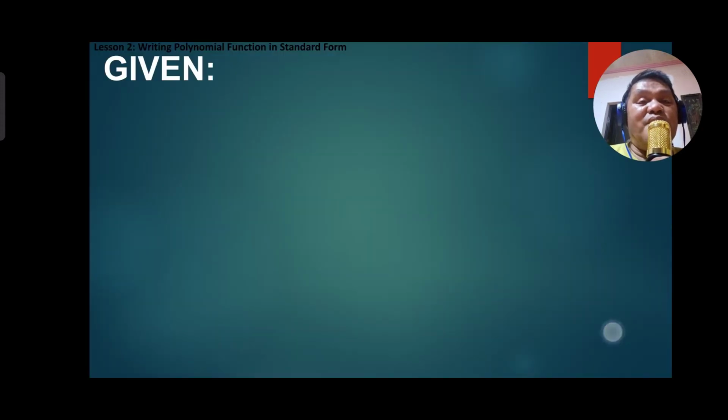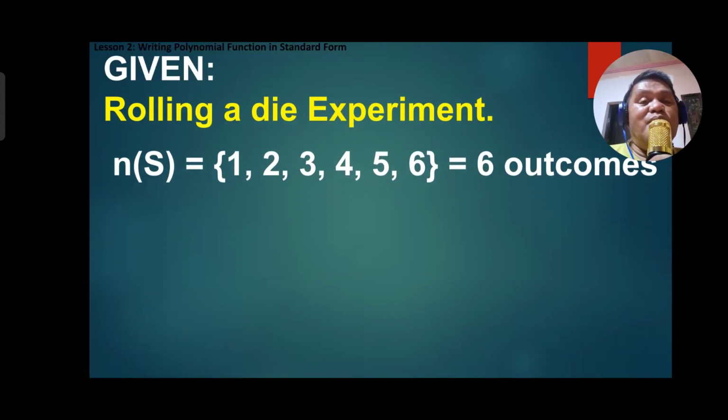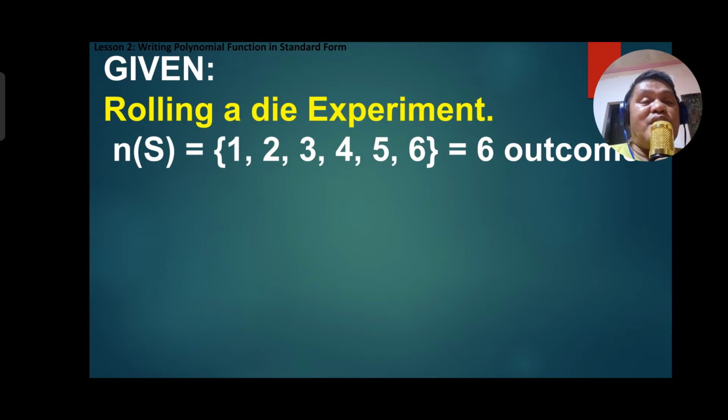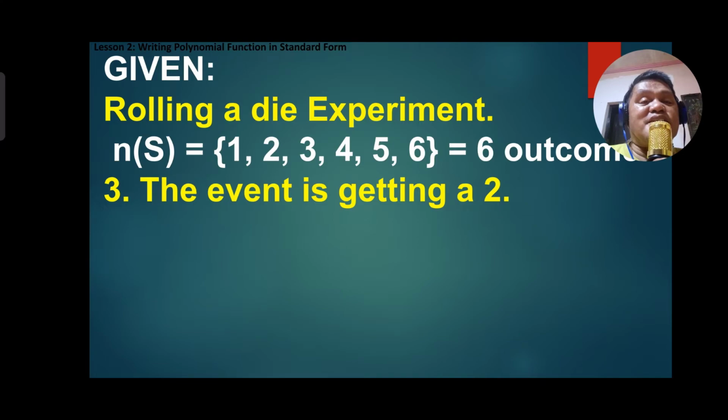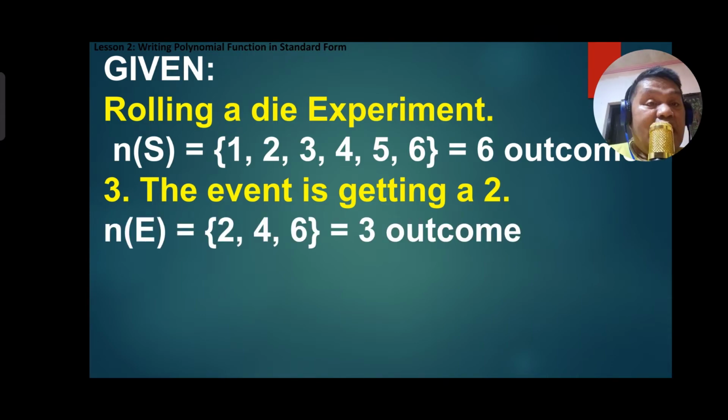Given that the number of outcomes in the sample space is 6, and the event is getting a number divisible by 2, we have 2, 4, 6. 2 is divisible by 2, 4 is divisible by 2, and 6 is divisible by 2. So that will be equal to 3 outcomes.